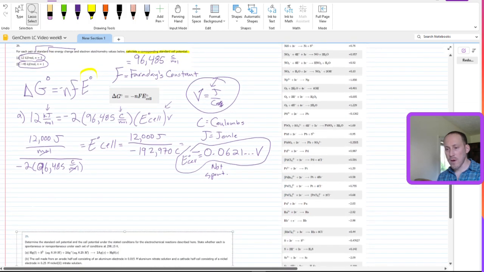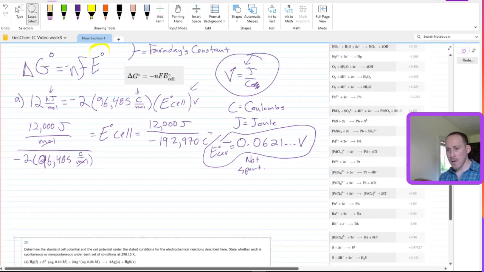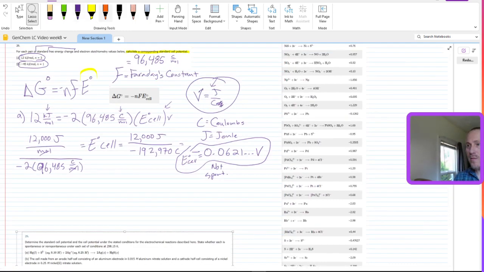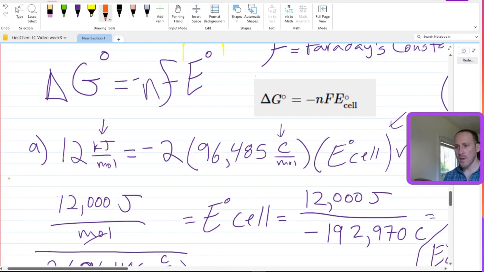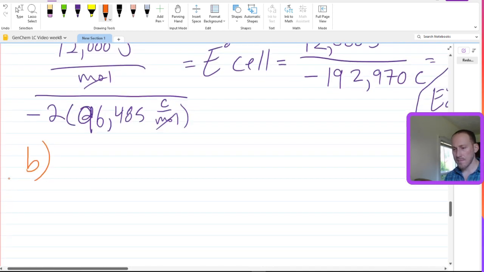And n equals 1, so that makes it really easy. Let's just line this up algebraically. Negative 45. So we've got basically our delta G divided by nF going to equal E cell.